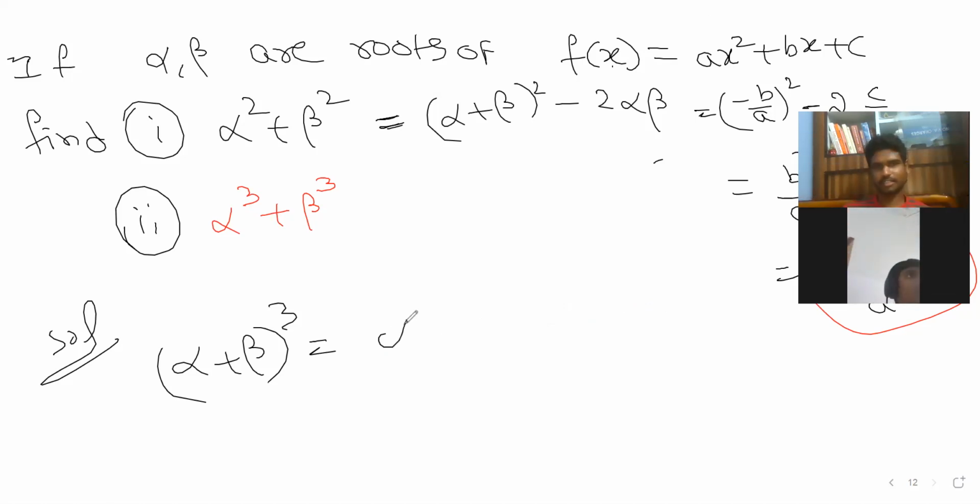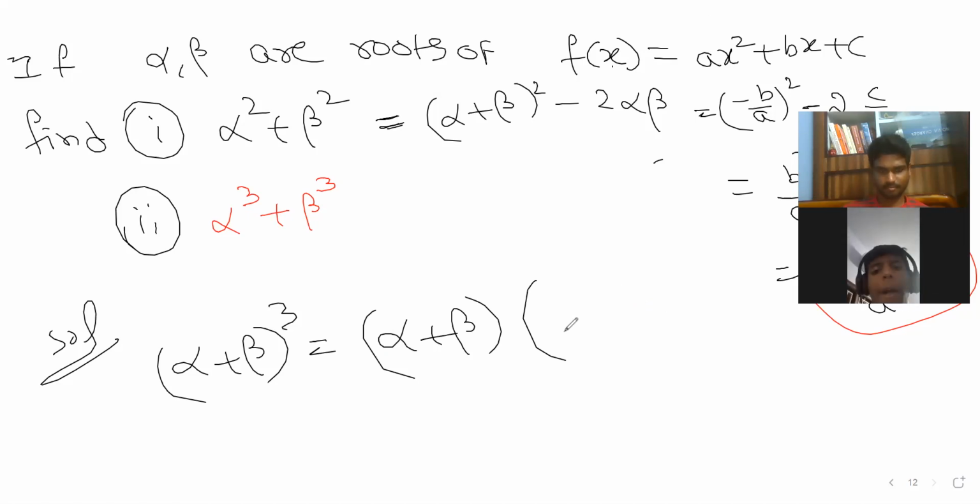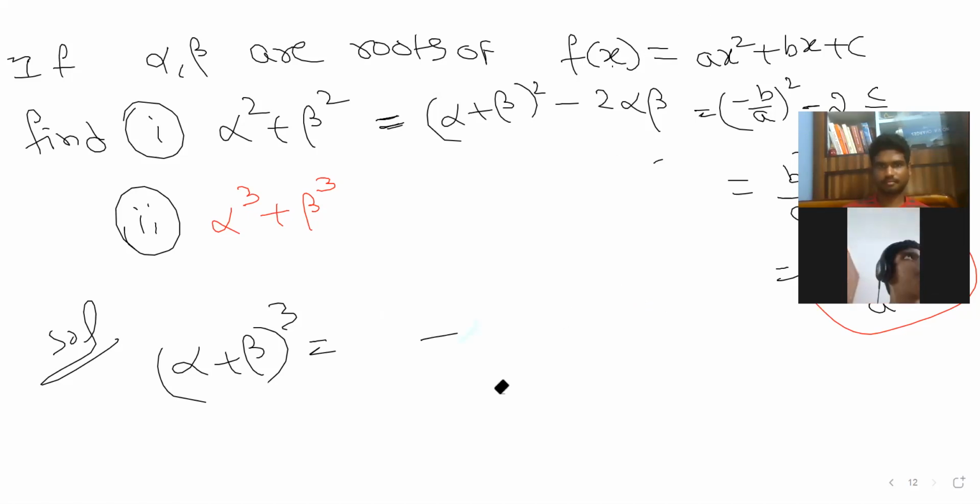The general format is alpha cube plus beta cube plus 3 into alpha plus beta, bracket alpha plus beta. Oh, sorry, I told it wrong, completely wrong.